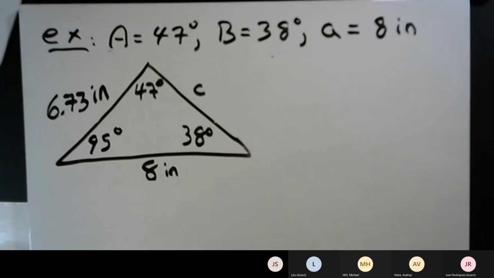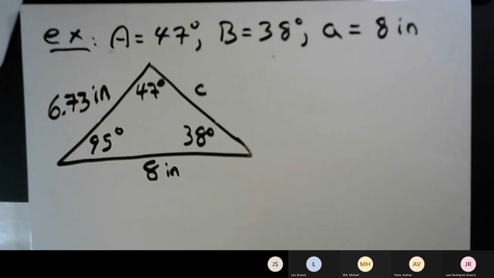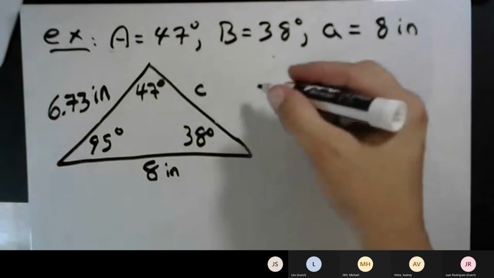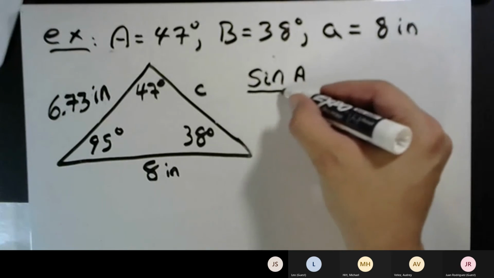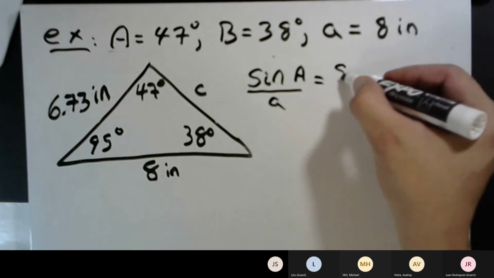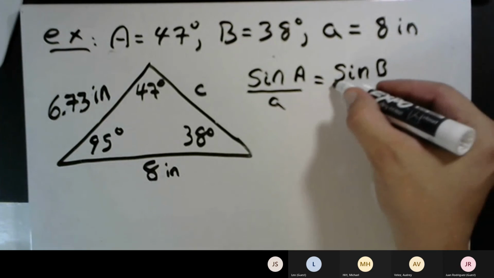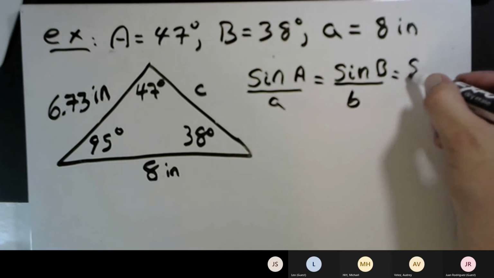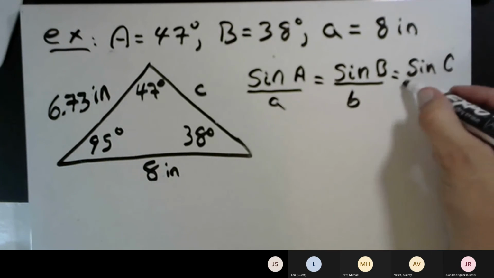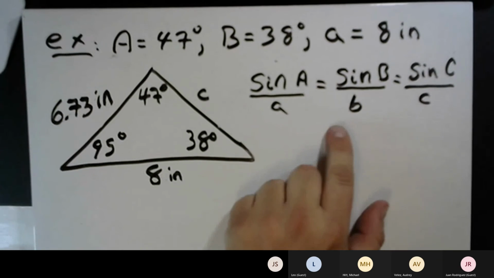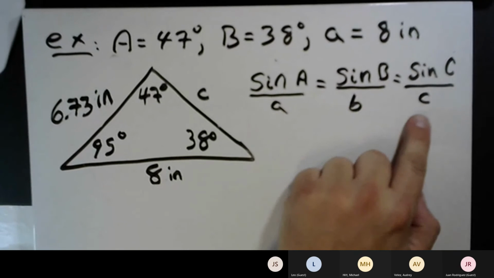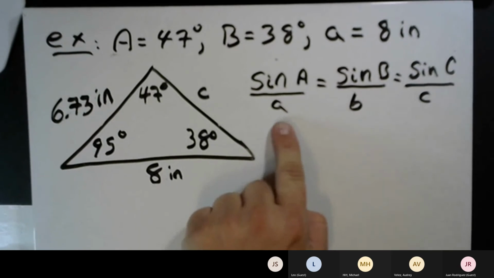So now we're going to look for side C. We look at our law of sines. We could take the C's fraction and equate it to the B's or to the A's.